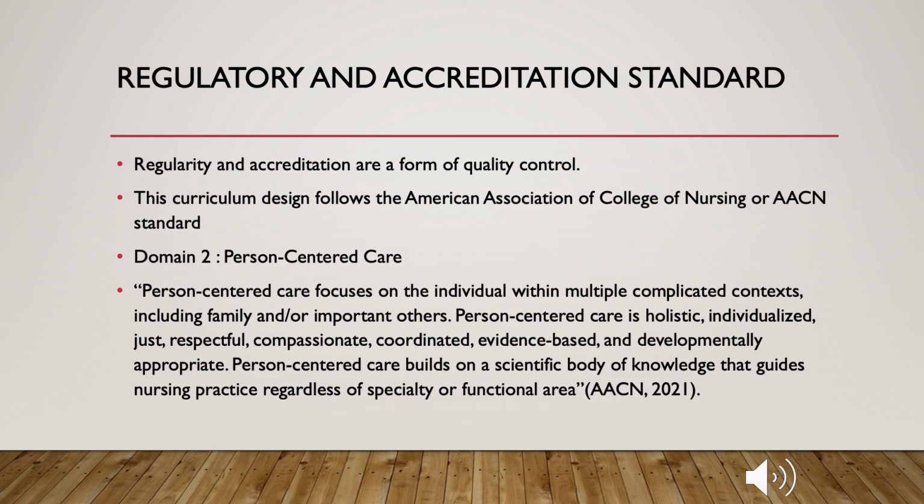This curriculum design follows the American Association of Colleges of Nursing, or AACN, standards. According to the AACN, there are 10 domains which are the core competencies of nursing curriculum, and this course meets the criteria in domain number 2, which is person-centered care, because the learning concept about discharge planning involves patients within multiple complicated contexts, including families.